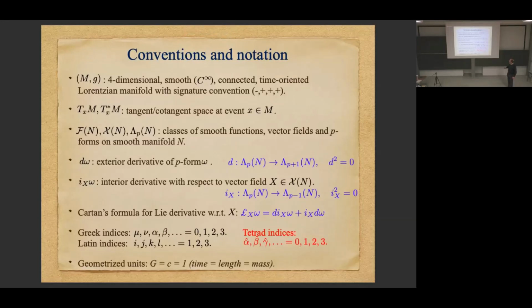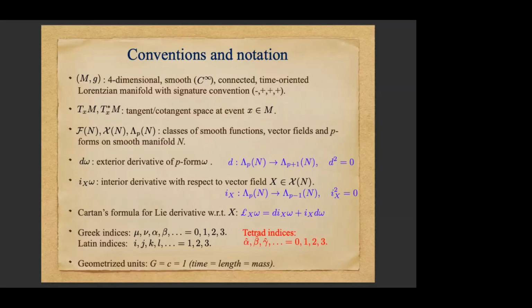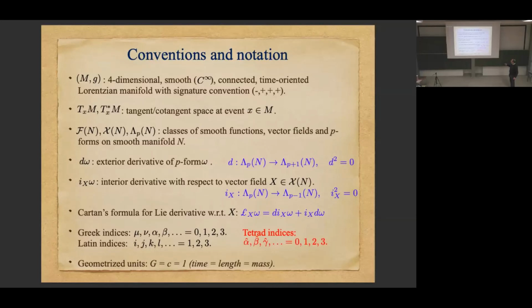So M, g, I will assume is a 4-dimensional smooth, so C infinity smooth Lorentzian manifold, which is connected and time-oriented. Time-oriented because you want to say that the particles move towards the future. The signature convention is minus plus plus plus.